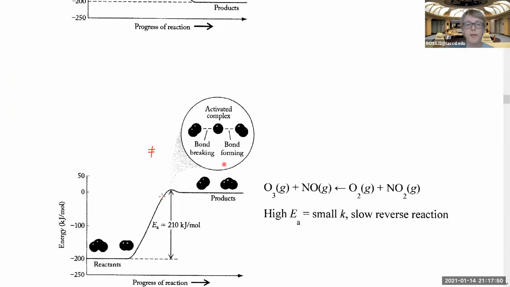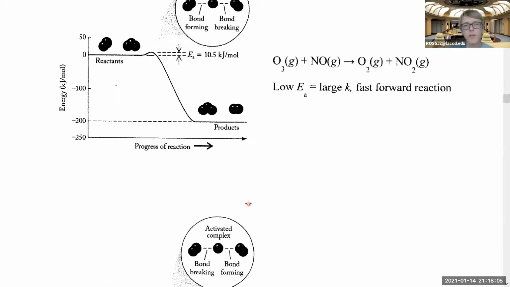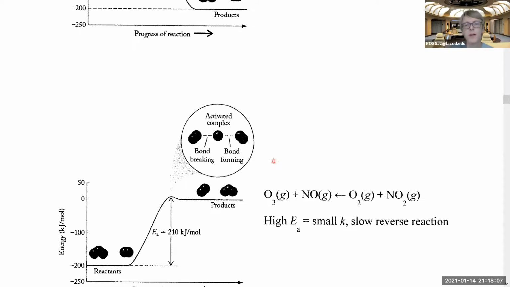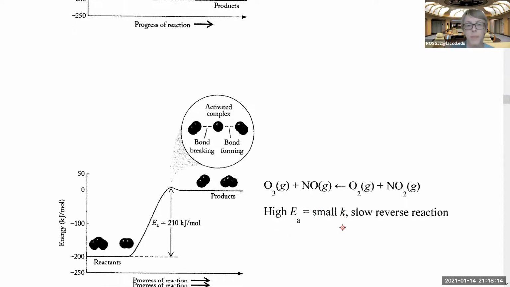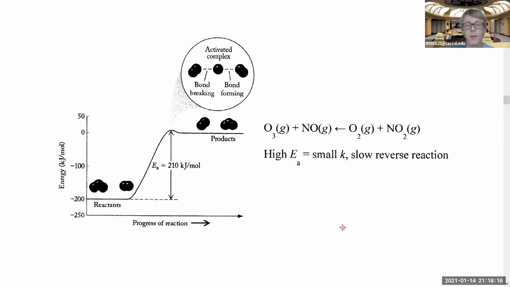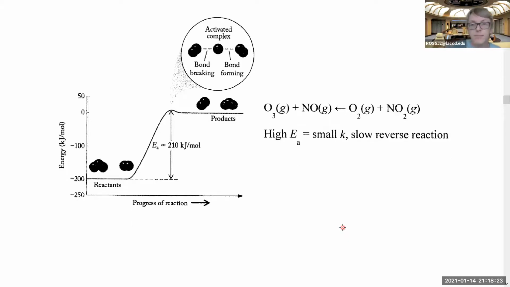We essentially just read it in reverse, and obviously the hump to go backwards is much higher. So we've got all this energy to overcome here, which is the same reaction as above, but in reverse. We now have a high activation energy, therefore a small rate constant and a slow reverse reaction. So that's straightforward. Something that's kinetically favored in one direction will be kinetically disfavored in the opposite direction.